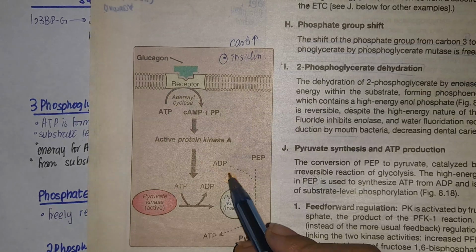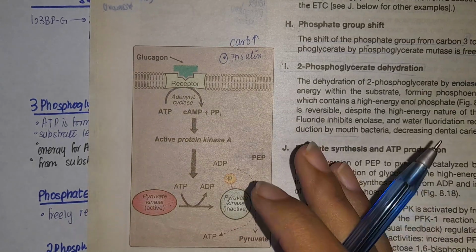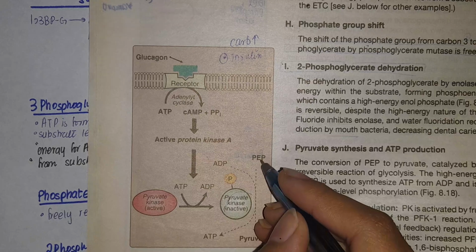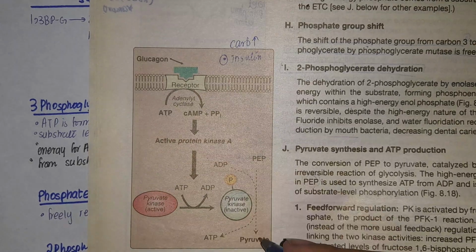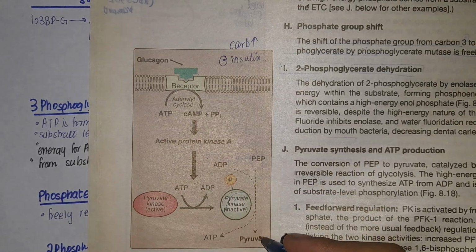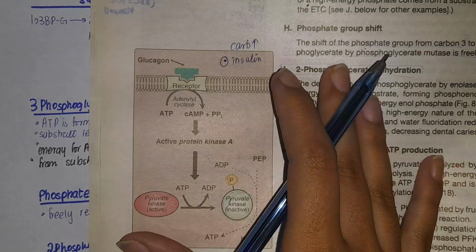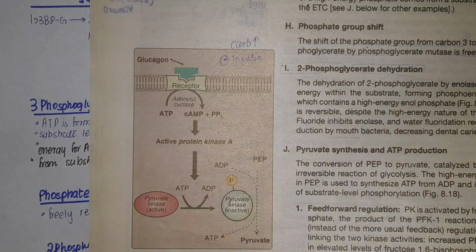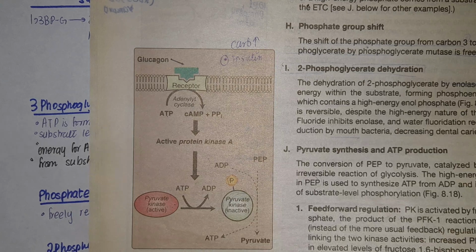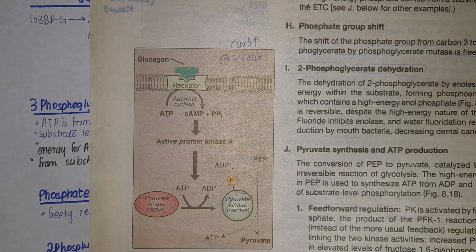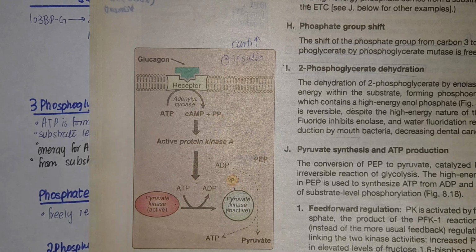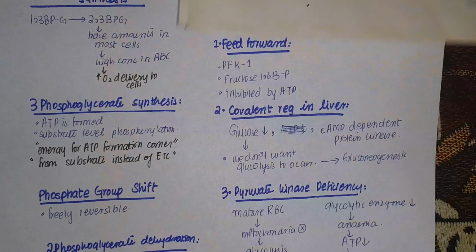It attaches a phosphate to it and shuts down the whole process, and hence the phosphoenolpyruvate cannot get converted into pyruvate. So this is what happens in liver cells when glucagon is more, or you can say when glucose is in lesser amount. So we want to shut down the glycolysis process. So this is glycolysis regulation in the liver, or covalent regulation.